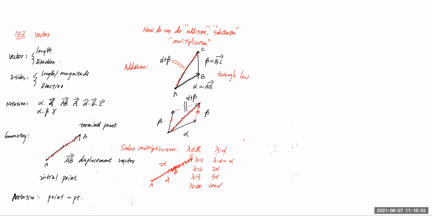I don't know how to do it easily. For example, if lambda is 1.5, you first have alpha, and then you walk another half alpha. Like this, you get 1.5 alpha.